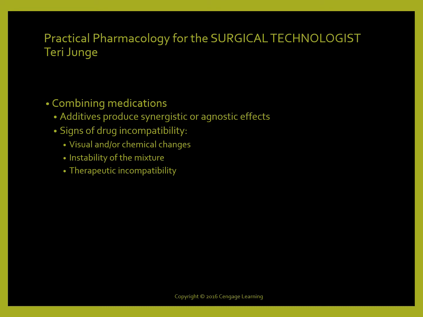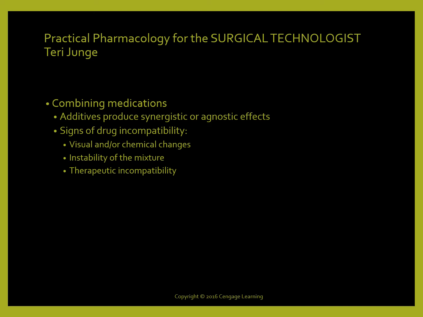So sometimes medications are mixed or combined, and what is usually mixed is an additive. So an additive produces one of two types of effects, either a synergistic effect or an agonistic effect.